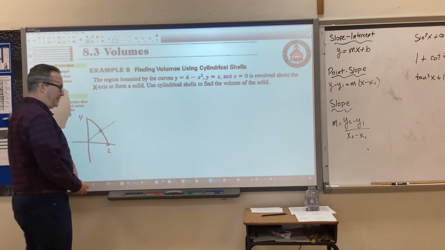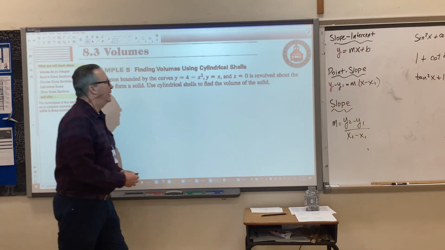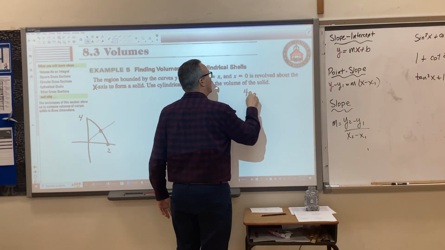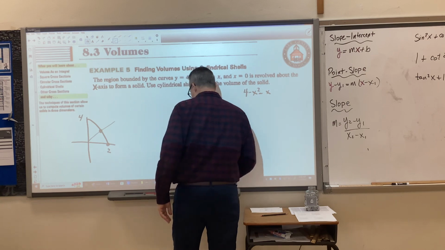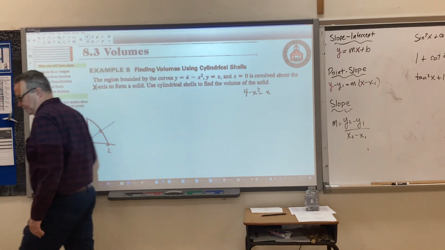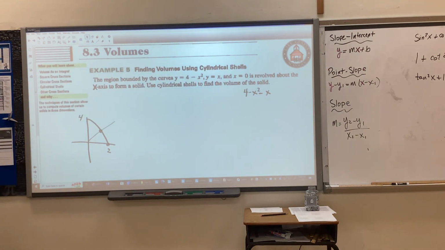Where do they intersect? It does not look like they intersect. Nice. So let's graph on my calculator, see where they intersect. Oh, I really wanted to do it with my hands.